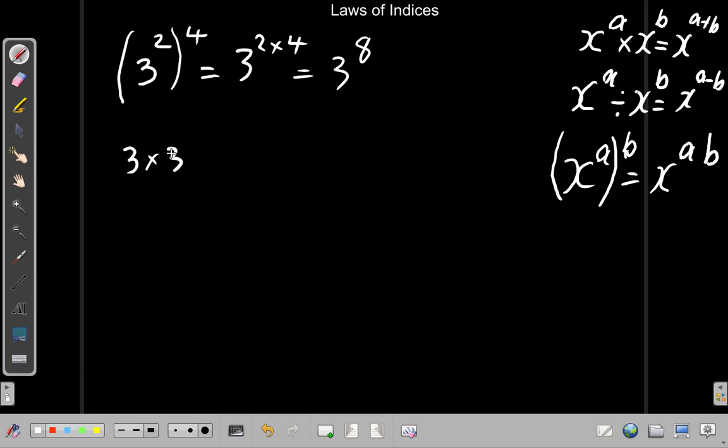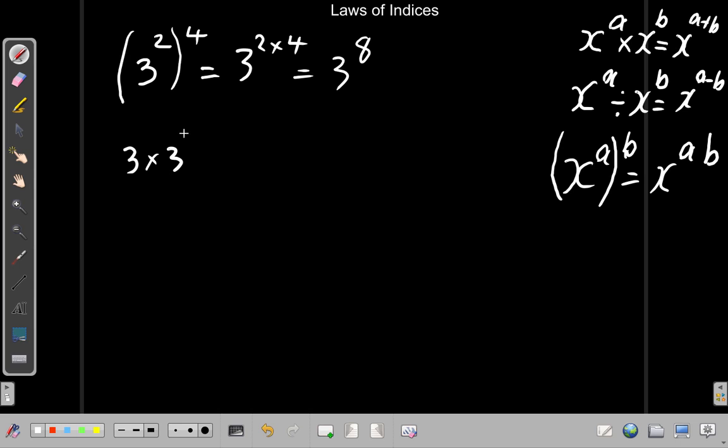It means you have 2 3's and they multiply each other, because remember 3 is the base. It shows you that the number you're multiplying repeatedly is 3. 2 is the index. It shows that there are 2 threes.